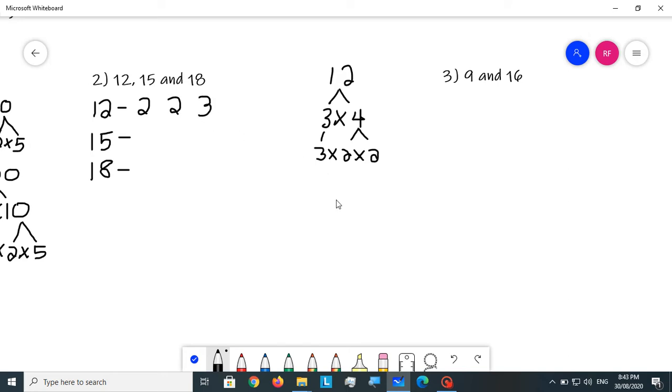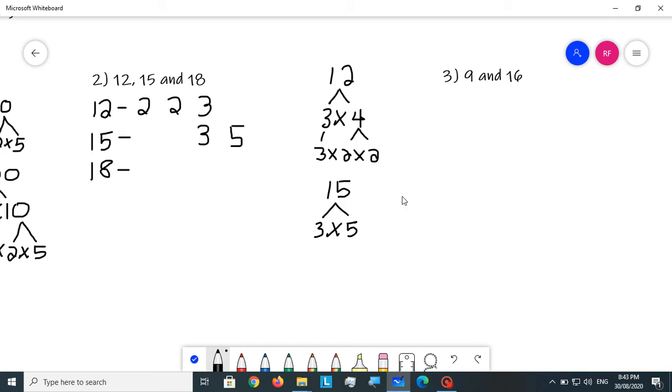Next, let us have 15. We have 3 times 5. 3 and 5 are already prime numbers. Align 3 below the 3 of 12. Since there's no 5 in the 12, you just write it somewhere aligned to 15.